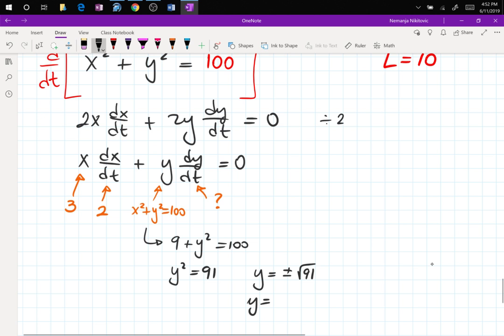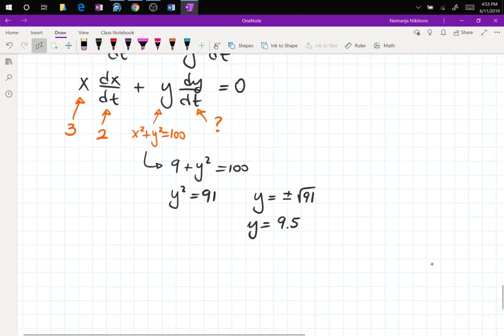So the square root of 91 is going to be 9.5, and that's that. So now we have everything.